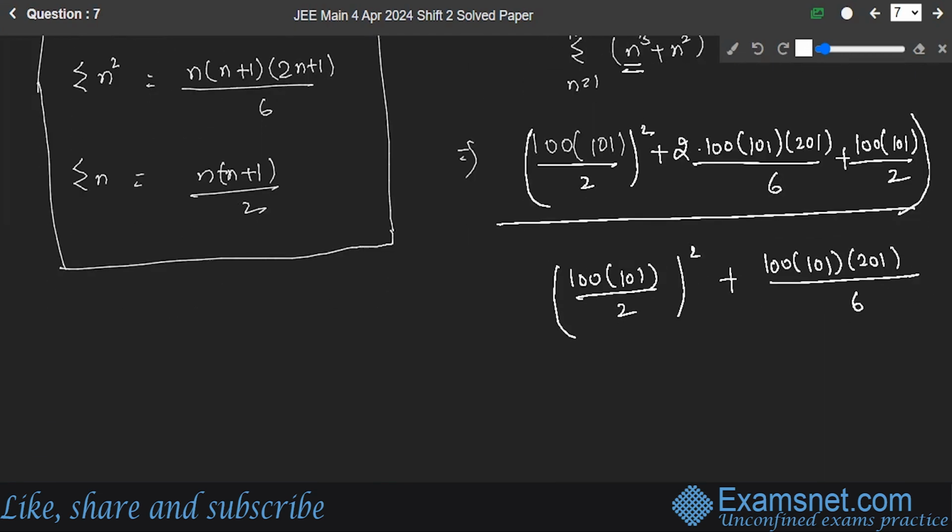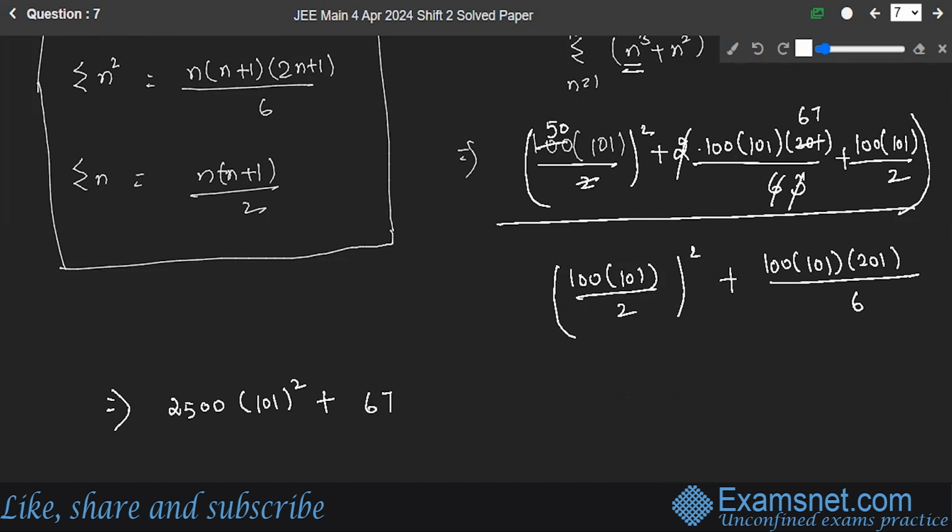Now you are left with the calculation part. Let's do that. So this will be given by 50 first, right? So this is equal to 2500 into 101^2, and this will go at 3, and this is 67.